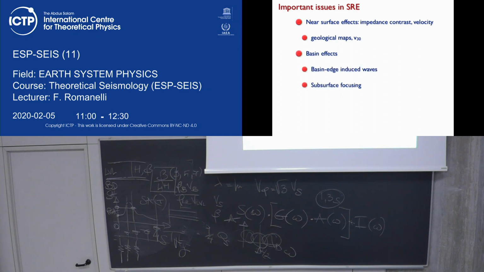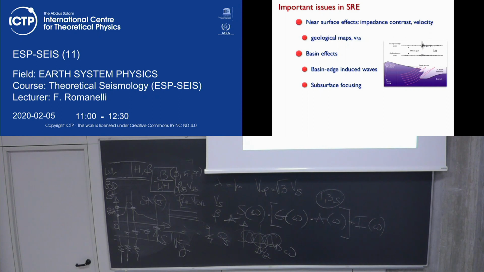Let me show to you, because site effects, this will be discussed by Stefano in his course. If you want to remember, they are mostly connected to impedance contrast between low velocity sedimentary layers and bedrocks. They strongly depend on subsurface topography, of course. That's why I was putting here this picture.